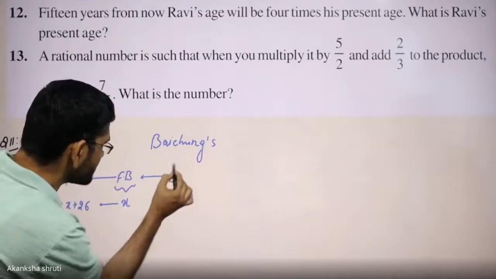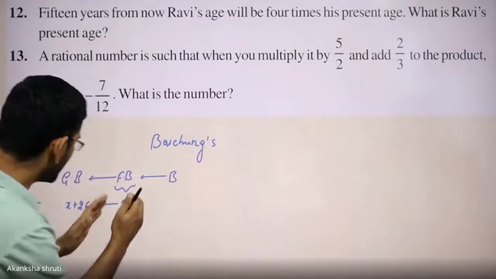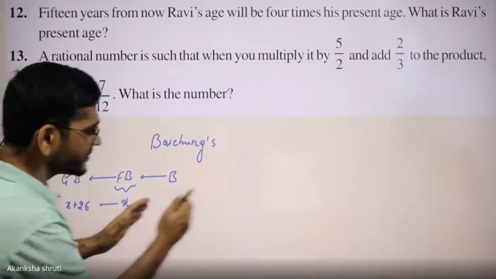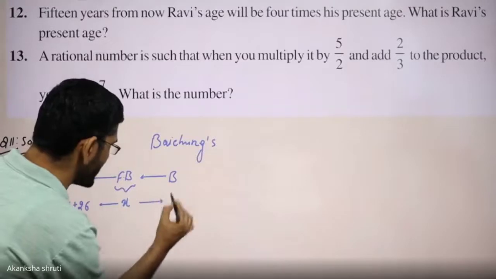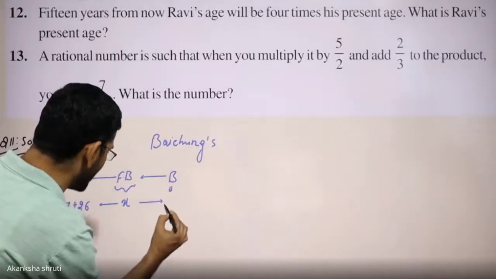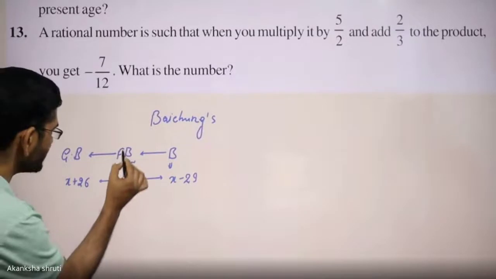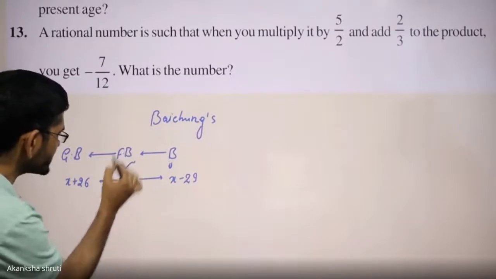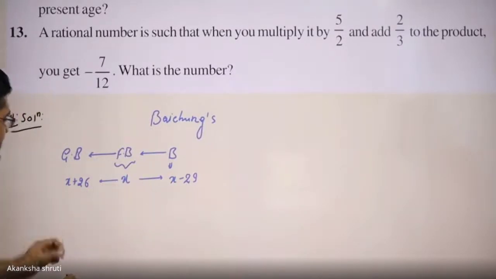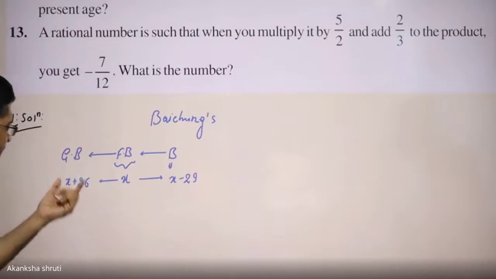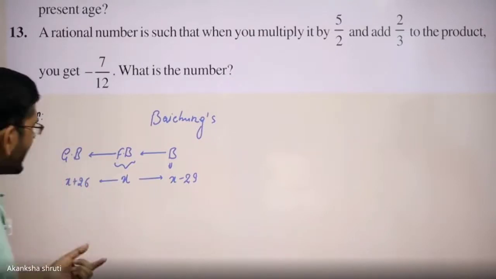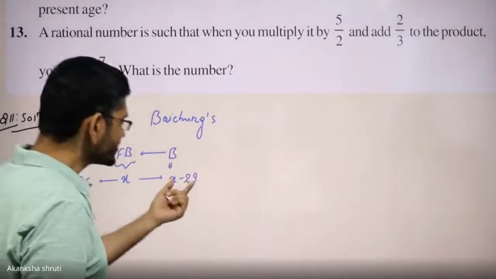Means this Bechung's will be 29 years younger, or the age of this Bechung's will be obtained by subtracting 29 from this X. So this way, in terms of the age of Bechung's father, we have written the age of Bechung's grandfather and the age of Bechung's itself.